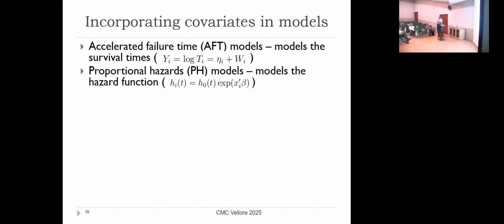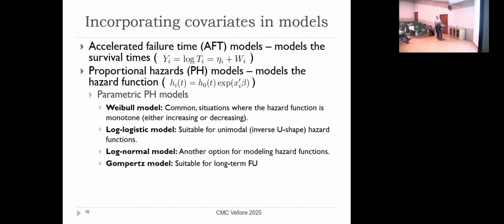Now, there's not only one proportional hazards model, there's multiple. So for example, there are parametric survival models that are proportional hazards models. You don't see them very common, but there's the Weibull one, which is the most common of the parametric ones, where the hazard function is monotone, either increasing or decreasing, so it's not constant.